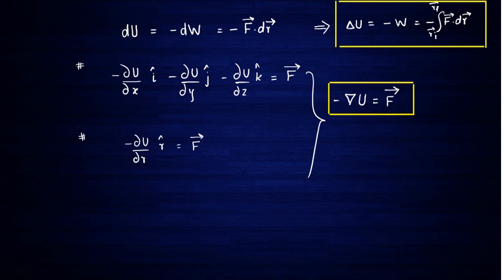So this particular expression may mean this value if potential energy is given as a function of x, y and z coordinates, and it may mean this value if potential energy is given as a function of r.